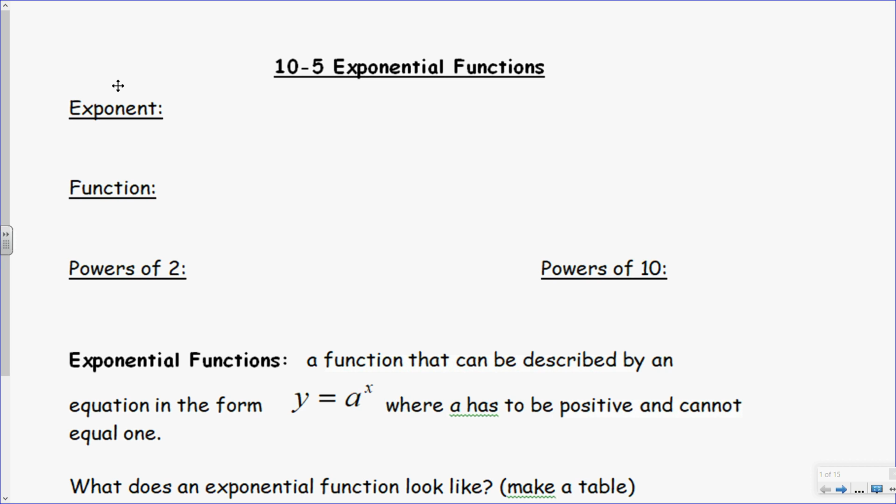An exponent is a number that shows repeated multiplication.